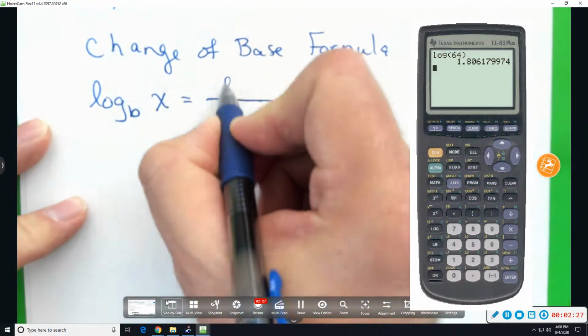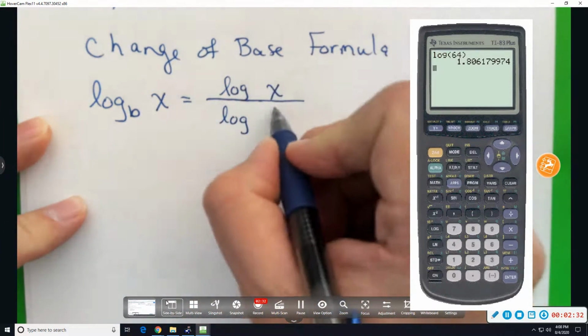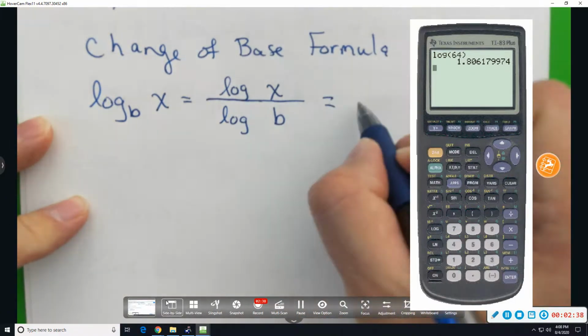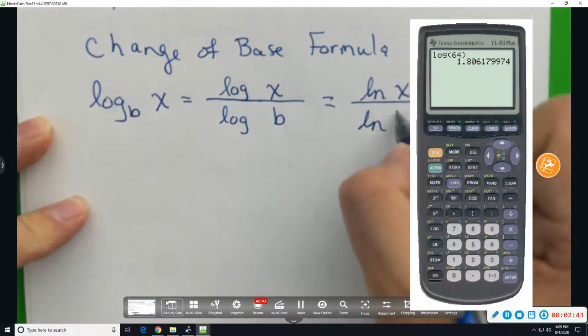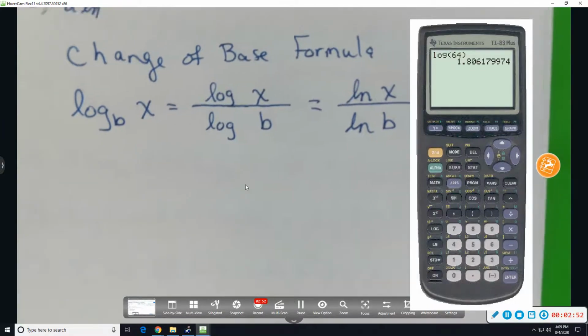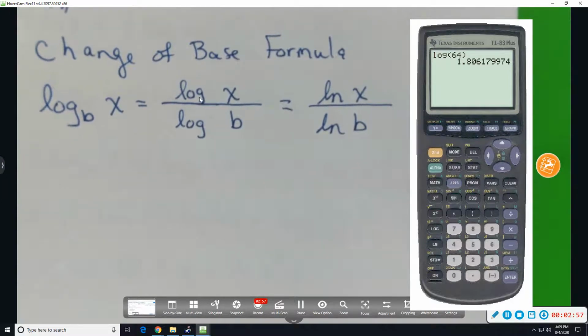You can use the LOG key or the LN, but it's log x over log B, or if you'd rather use the LN key, it'll get you the same answer. As long as you're consistent. Don't use LOG on the top and LN on the bottom. I prefer LN because natural logarithms are what are used in a calculus environment. Rarely do you ever see the common logarithm, log base 10, used. It's all done in terms of natural logarithm for business and scientific purposes.